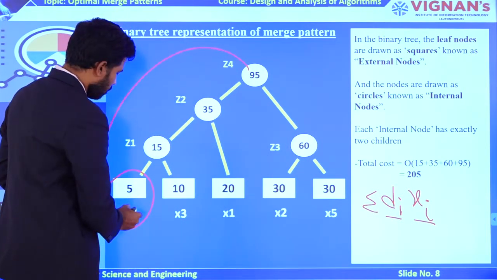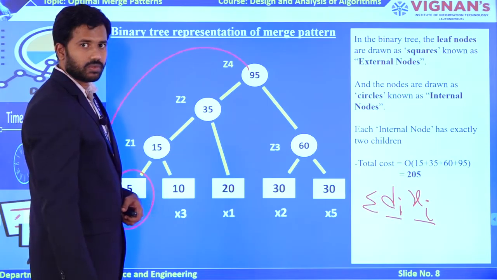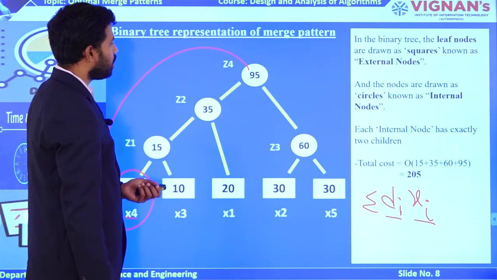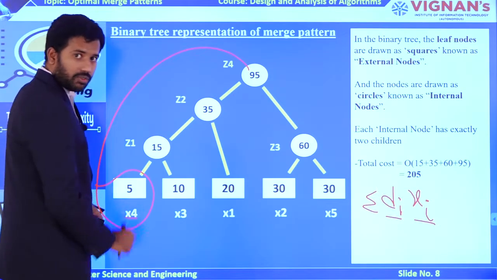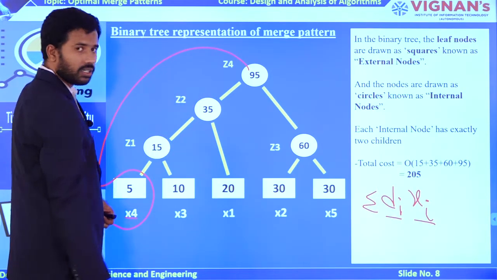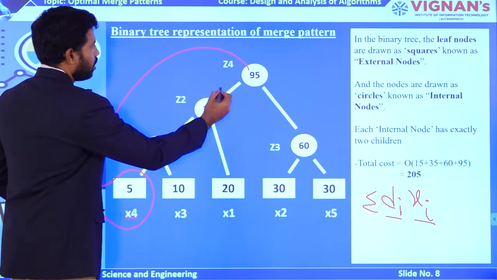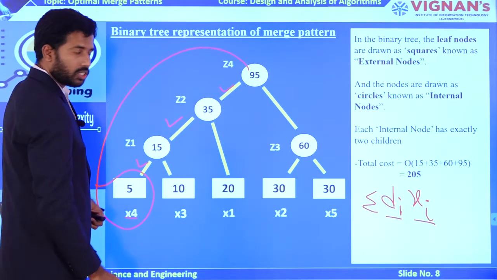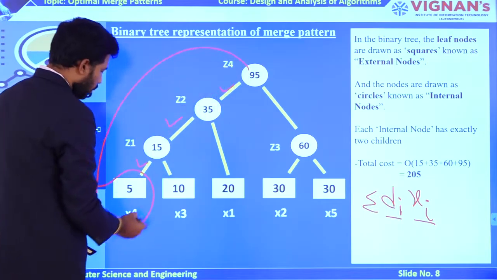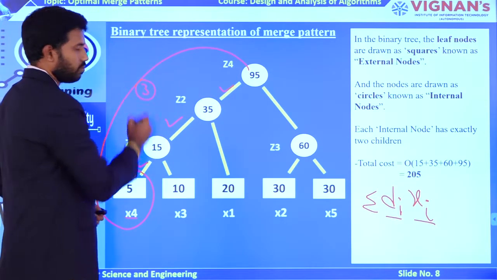It defines the size of the particular leaf node. Now can you find out the distance from root node to x4? How many levels are available from root node to x4? Here first level, second level, third level. So the distance from root node to x4 is 3, right?